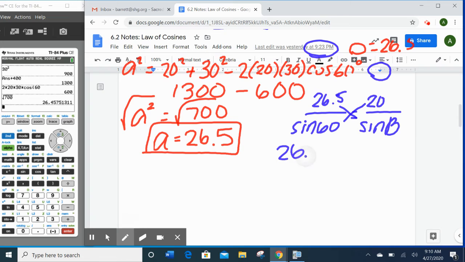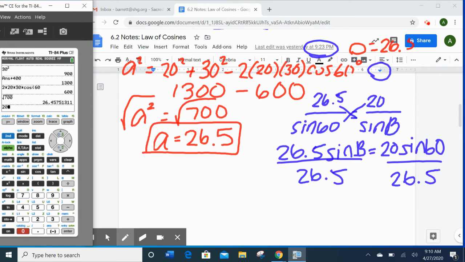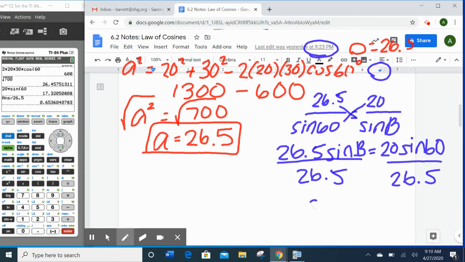So 26.5 sine of B is equal to 20 sine of 60. Okay, so I'm going to divide by 26.5. So let's see here. 20 times the sine of 60 divided by 26.5. So sine of B is equal to that. So 0.65. I'm not going to round because I don't want to round until the very end.